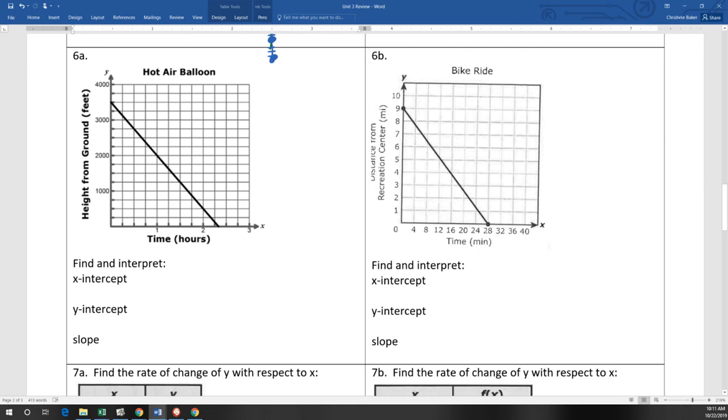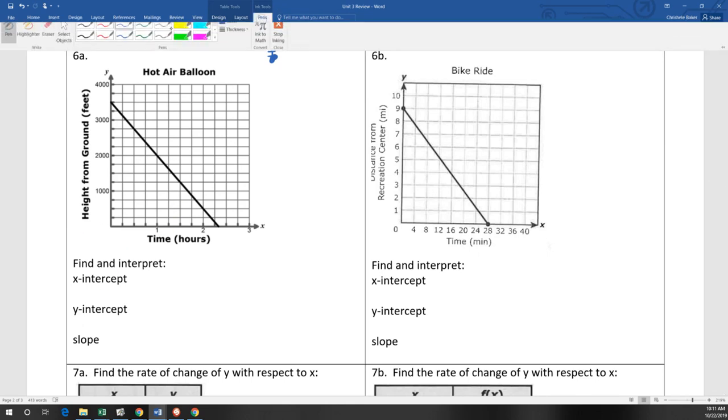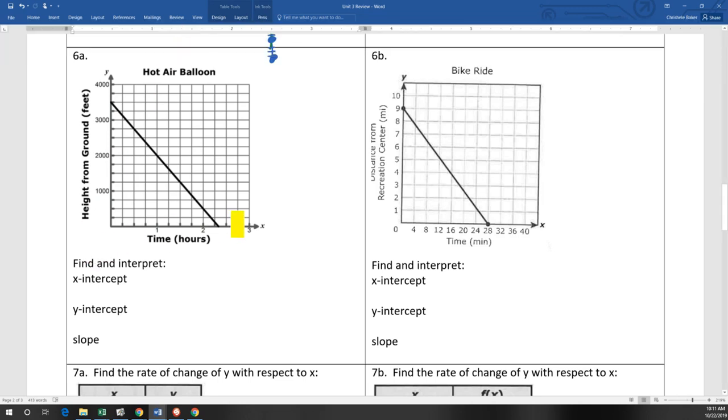Okay, number 6. Find and interpret the x-intercept, y-intercept, and slope. So our x-intercept is going to be where we cross the x-axis. So I'm going to estimate that to be, that looks like it's 2.5. So maybe 2.3.